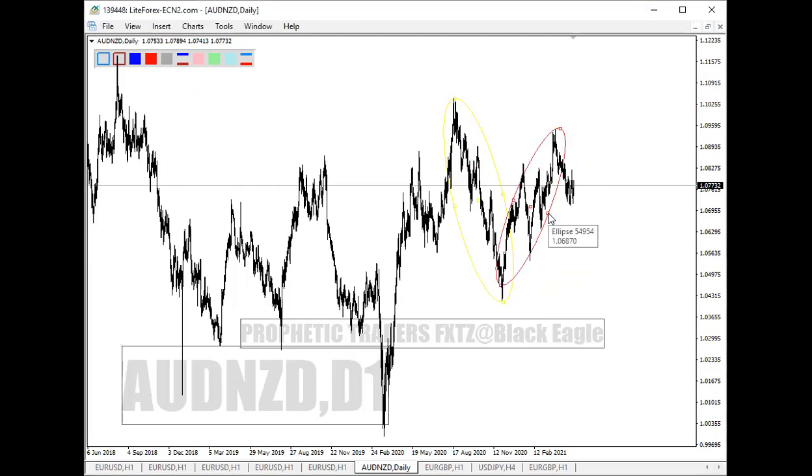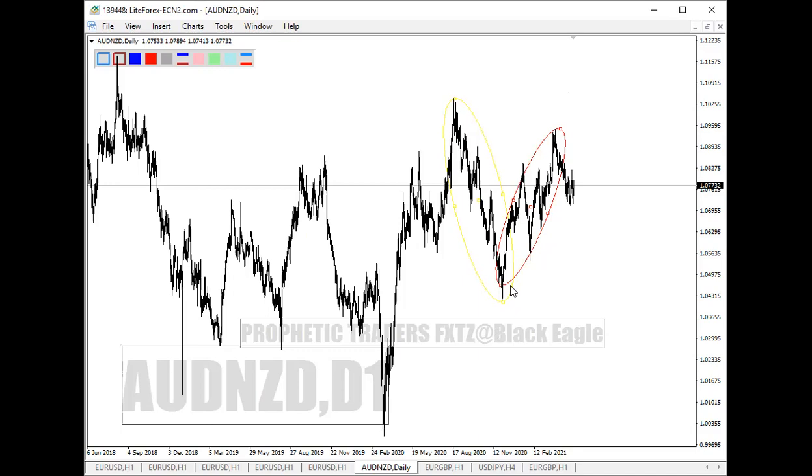Minor uptrend, minor uptrend. So this is the major trend, downtrend. This is uptrend. Within this trend, there is a minor downtrend and uptrend. So we call it a market structure.